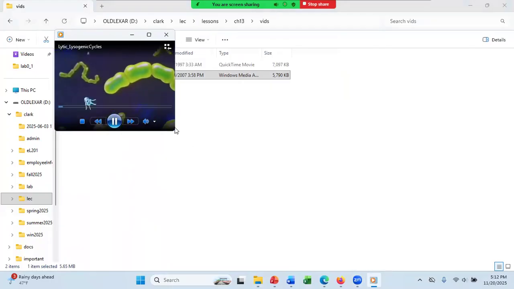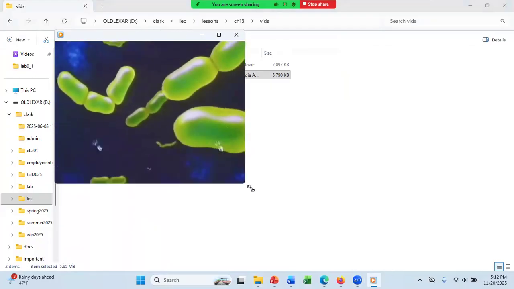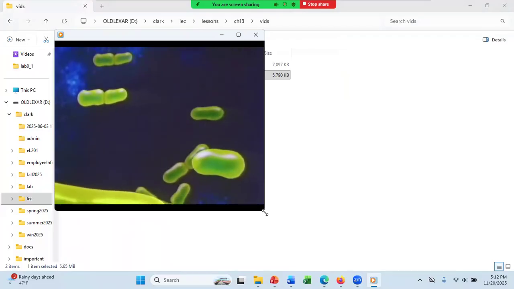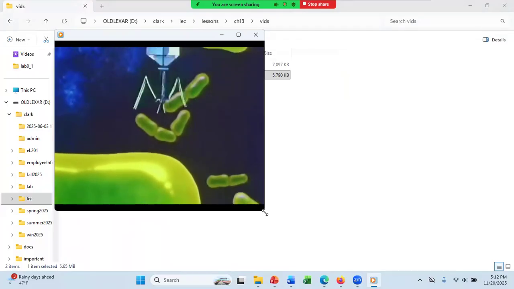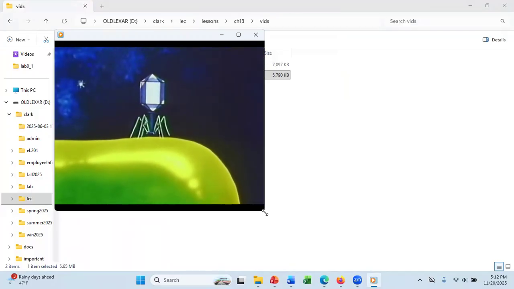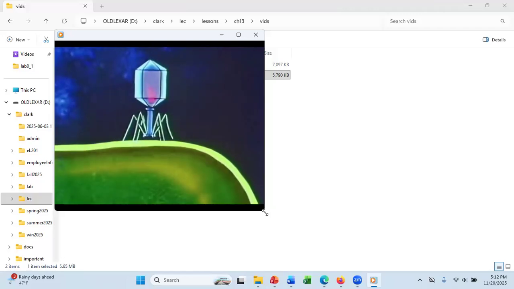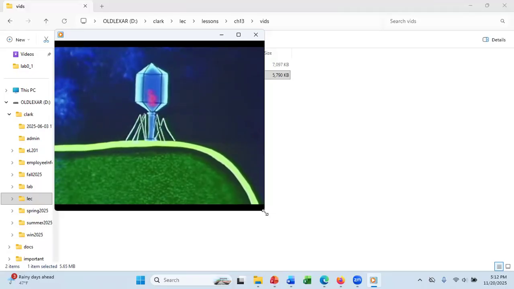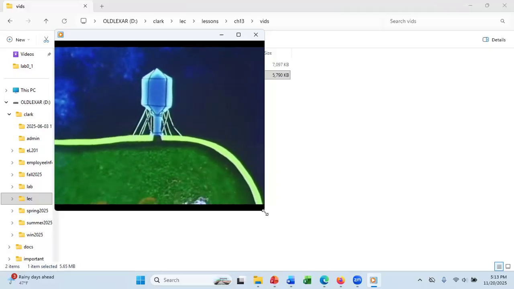In a way, a virus is a parasite. It attacks a host cell and takes over its chemical machinery for making proteins and nucleic acids. One of the better understood virus life cycles is phage, a virus which attacks bacteria cells. The phage begins its assault by attaching itself to the cell wall of the bacteria. This attachment is very specific, and each type of phage can only attach to a certain type of bacteria. Next, the phage breaks down the cell wall, and the nucleic acid from this capsule is injected through the hollow tail into the cell.